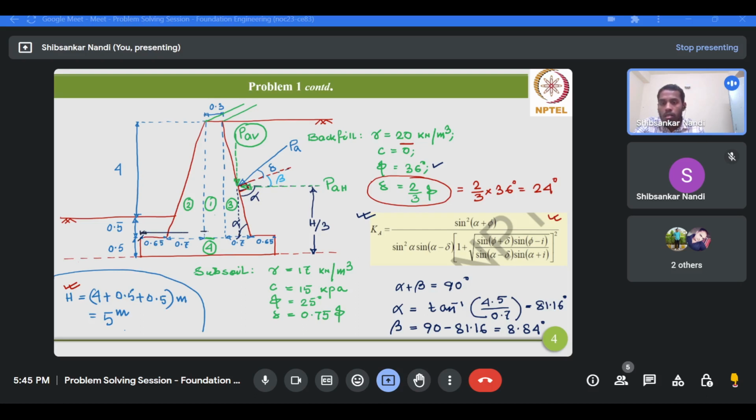So this distance will give you the lever arm for PAV. Now how to get this value? First we will determine this value, and we can easily determine it from this triangle.